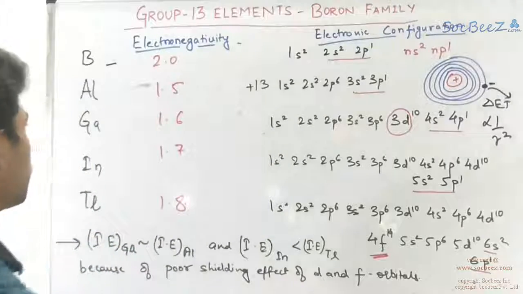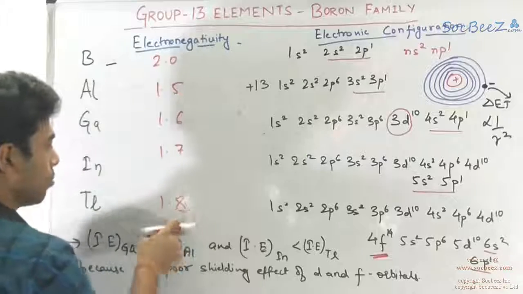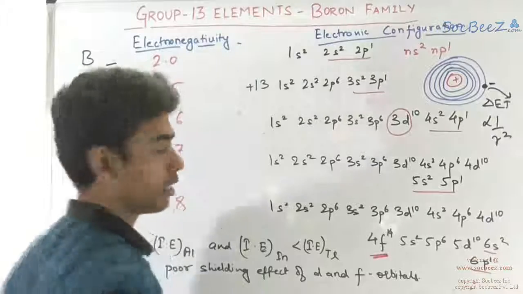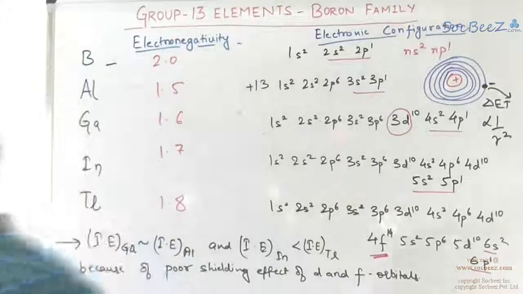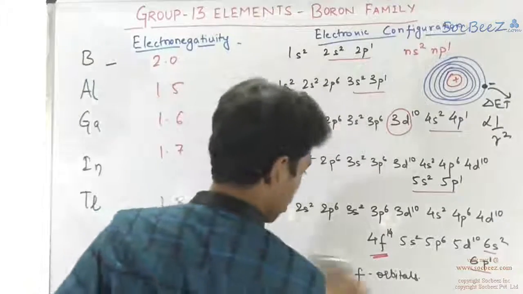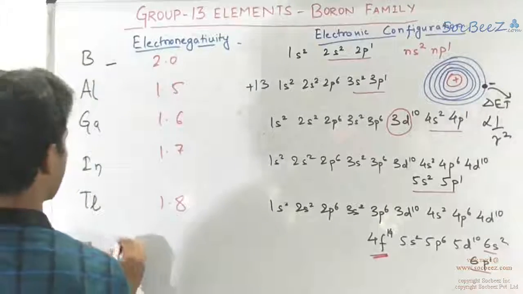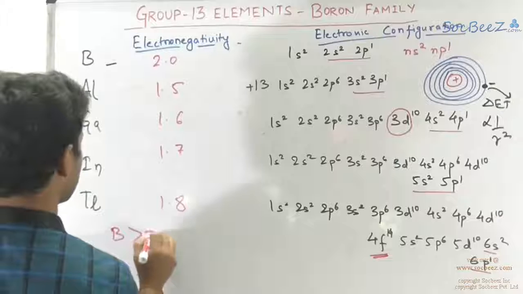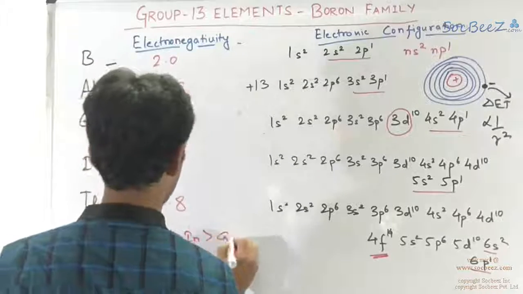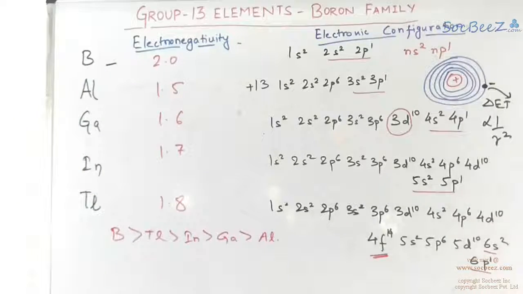So you can see that the electronegativity value should have decreased, but it increases marginally because of abnormal atomic radius. So first of all, the trend and then the reason. The trend for atomic electronegativity is boron is the highest, then thallium, then indium, then gallium, then aluminium. This is for electronegativity.